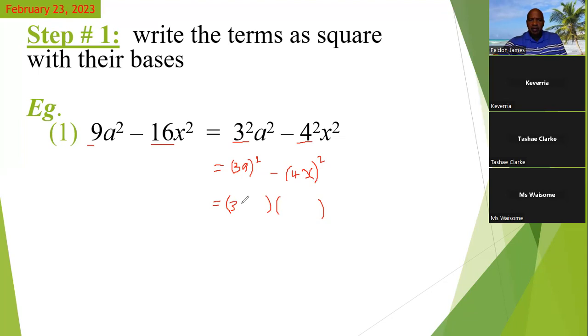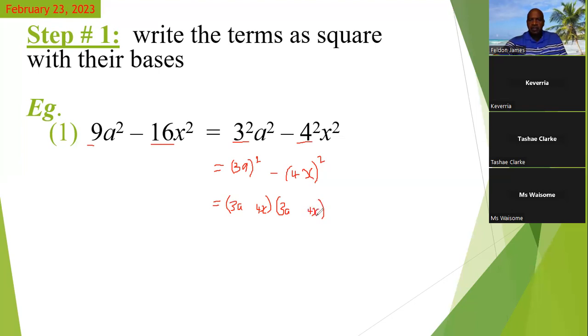All right, so we put the 3A. And remember now, we're going to leave a space between them so that we can put in the sign. So we put in the 3A, then we put in the 4X. Yes, sir. That's for both brackets. So we just do that for both brackets. Yes, sir. So we have the 3A, then the 4X.